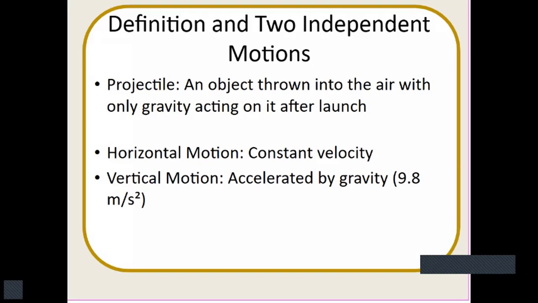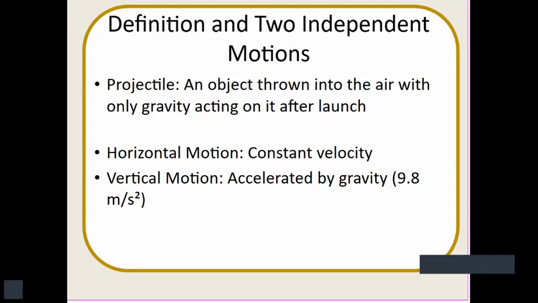So the initial push sets it into motion, but after that, gravity takes over and gravity creates the curved path. You can also say a projectile is an object thrown into the air with only gravity acting on it after the launch. So that's it.